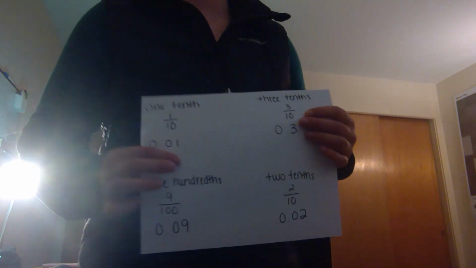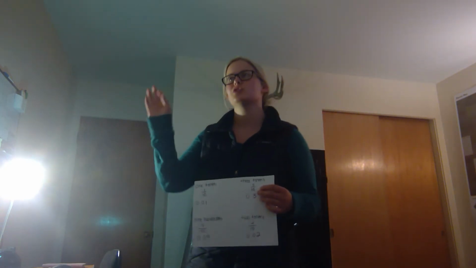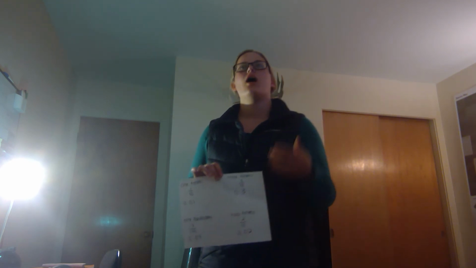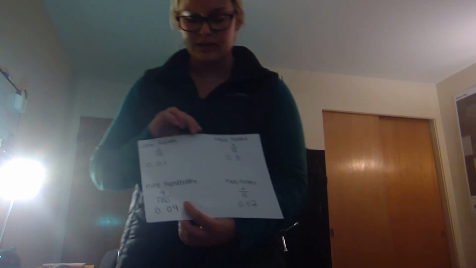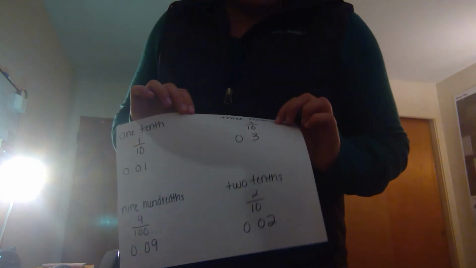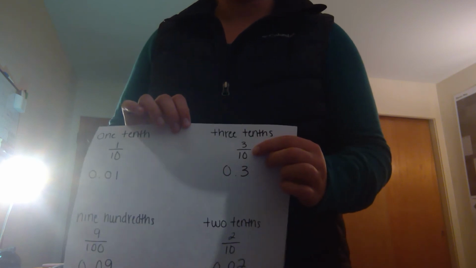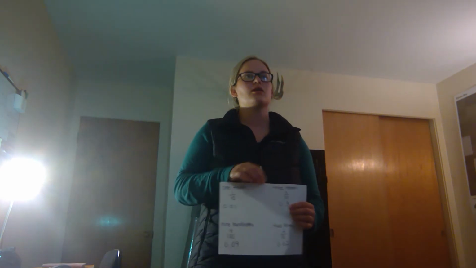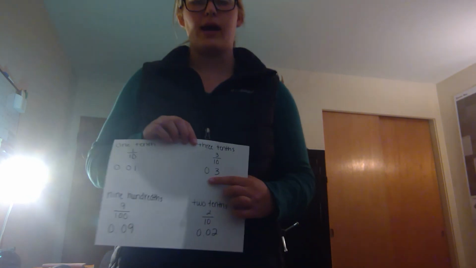No, because it is two place values to the right of the decimal point. So it would be out of 100, right? So it's hundredths. It should be 1/100. And what about this top one? My fraction says 3/10. What does my decimal say? Good. My decimal is correct.